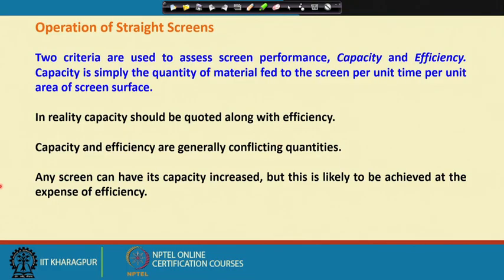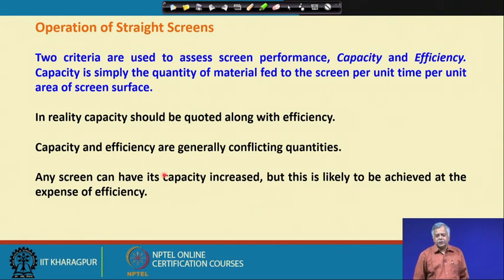So, here also, if you want to increase the capacity, your efficiency, that is, your effectiveness of screening at the desired size I wanted to separate, you have to compromise. They are normally inversely related. That is why I am saying they are conflicting quantities. And this is again the challenge to mineral processing people: how do I optimize both? I want an efficient screen at maximum capacity.